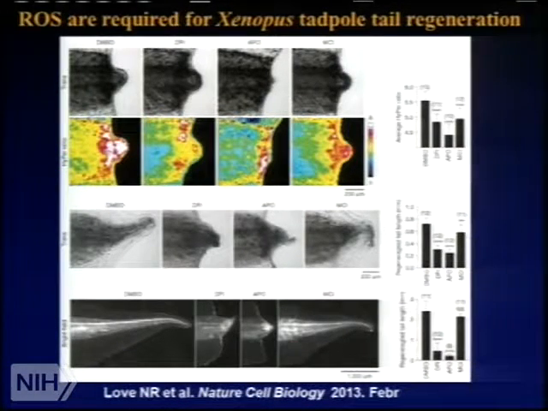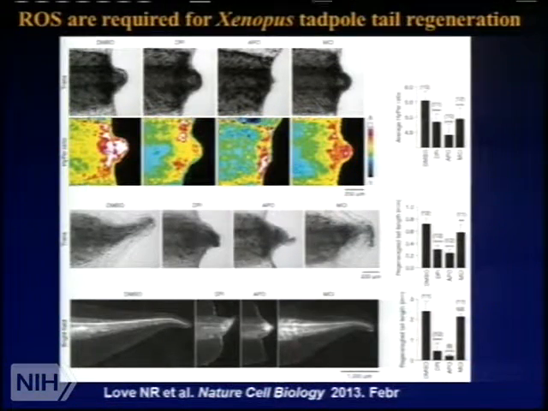But when they used the global antioxidant, MCI, which is also in clinical trials, it reduced ROS production a little bit, much less compared to the other 2 approaches. Interestingly, it did not inhibit that much. It also impaired the tail growth, but later they did an experiment where they inhibited this process during the first 3 days, and then washed out.